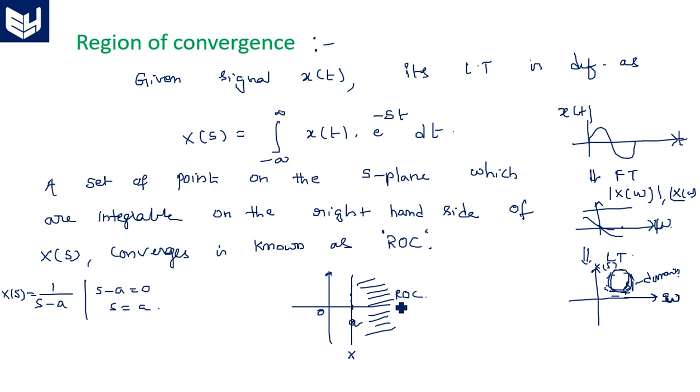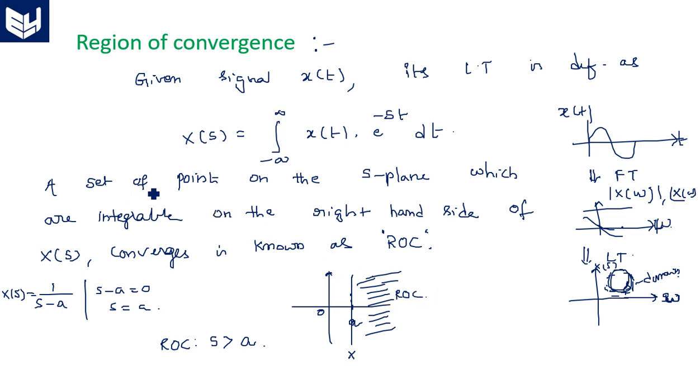So this is the region of convergence, above this a. ROC is nothing but s greater than a. So the region of convergence is s must be greater than a.